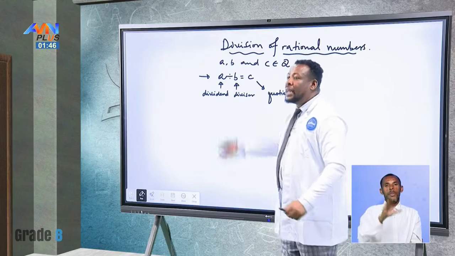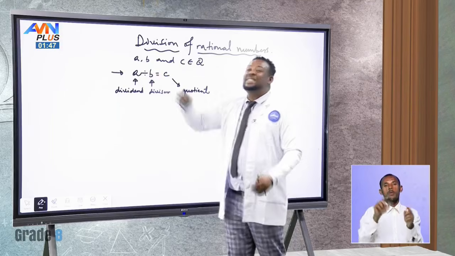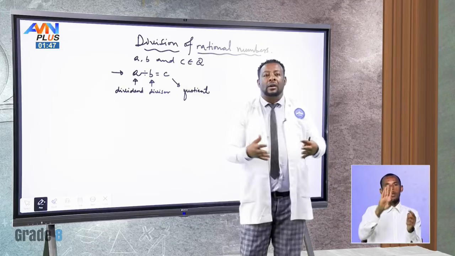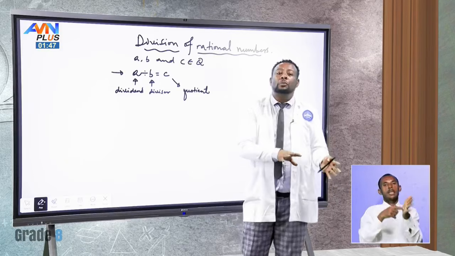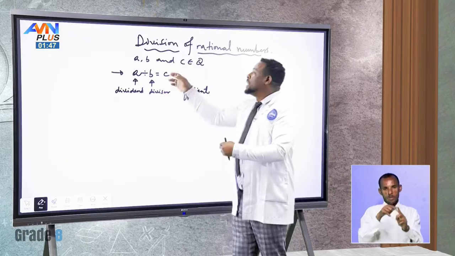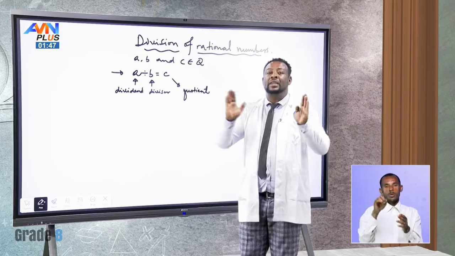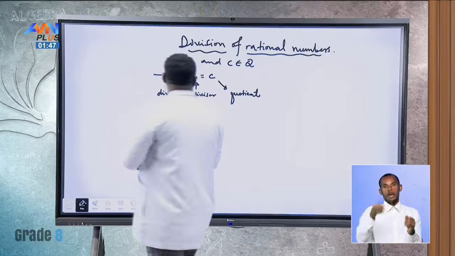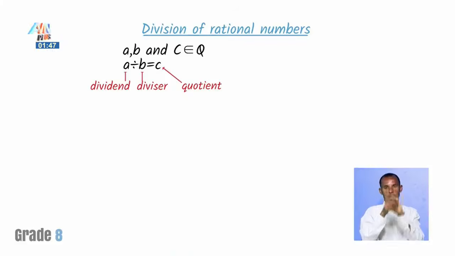C will attain its positive value whenever both have the same sign. But if A and B are numbers having different signs, that means if one is positive, the other is negative, the C value will be negative. Okay, you need to keep this in your mind whenever you do division of rational numbers. So let's see some examples of division.